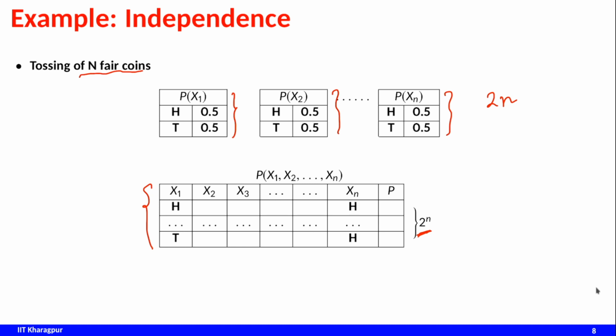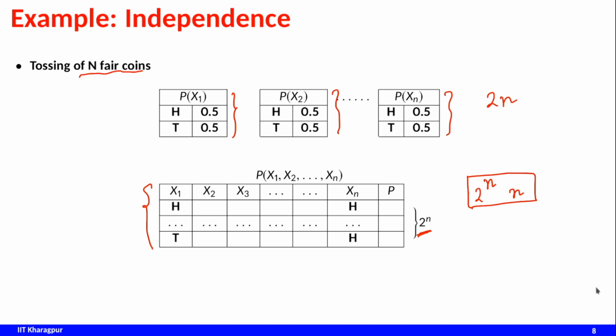But if I express the whole stuff in a joint distribution, then I need 2 to the power n number of rows, and each row will have a length of n itself. So I need a significant amount of space to represent that, because I have to store the whole thing. If I can represent the probability with independent variables, then I can represent the overall stuff in a very succinct manner. That is the advantage of having independence.